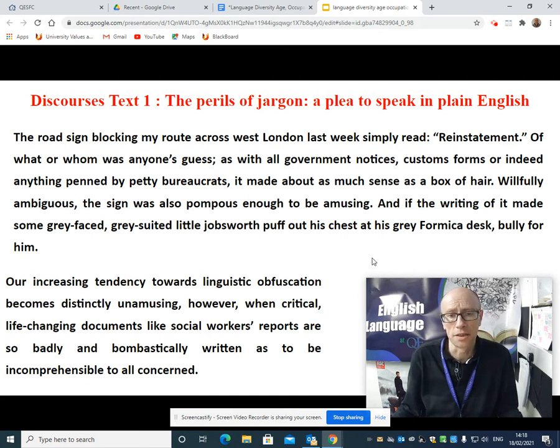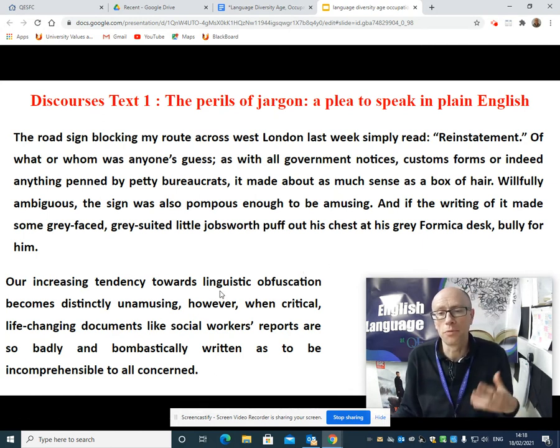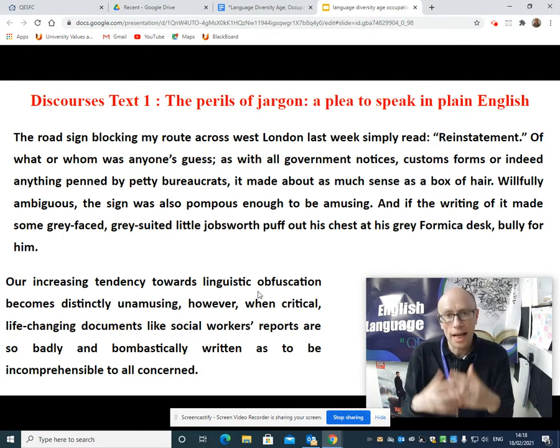It actually matters in certain sorts of areas when we've got life-changing moments, where we've got social workers' reports. Notice the way that the writer uses words like obfuscation, which in itself is a kind of difficult word to break down, meaning clouding.